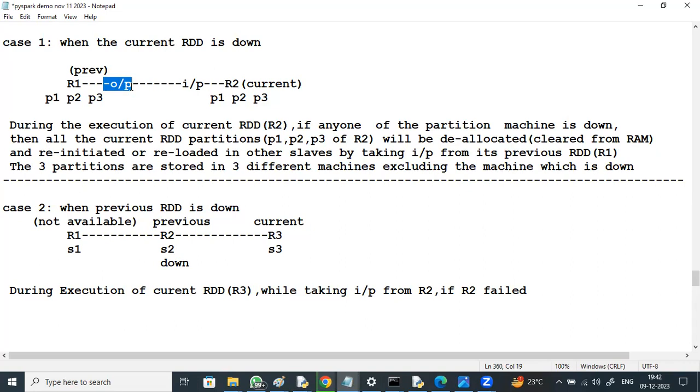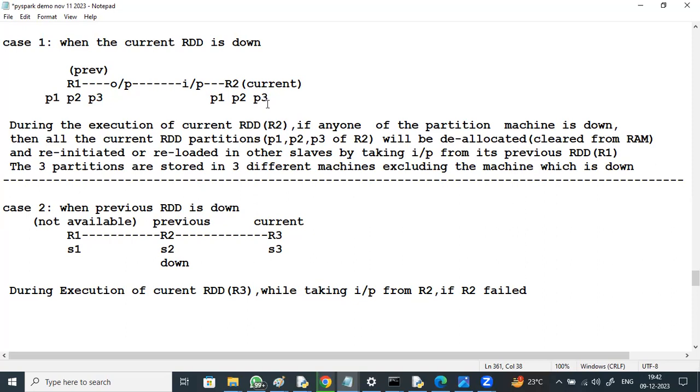But if it goes from P1 to P1, P2 to P2, P3 to P3, that is narrow. Wide transformation means in P1, all cities' data is available. Some part of P1 goes to P1, Hyderabad. Some part of P1 goes to P2, that is Mumbai. Some part of P1 goes to Chennai, in this way. That is distribute, that is what is shuffled.